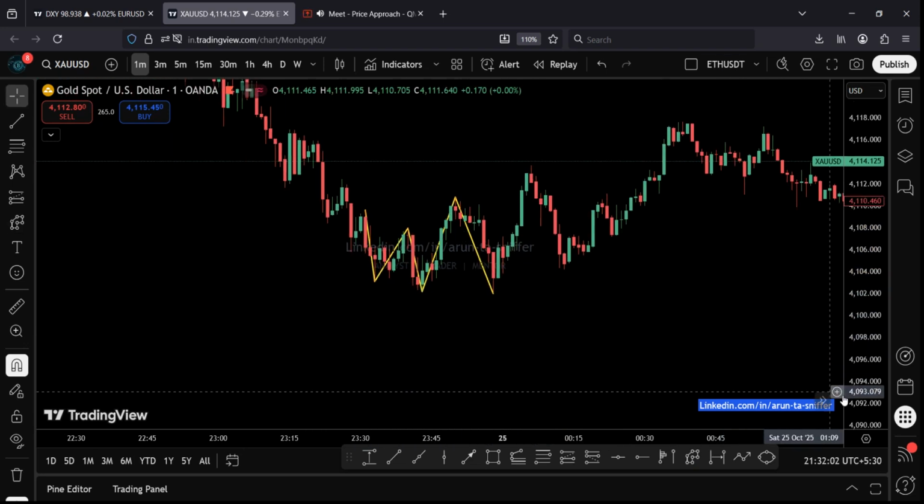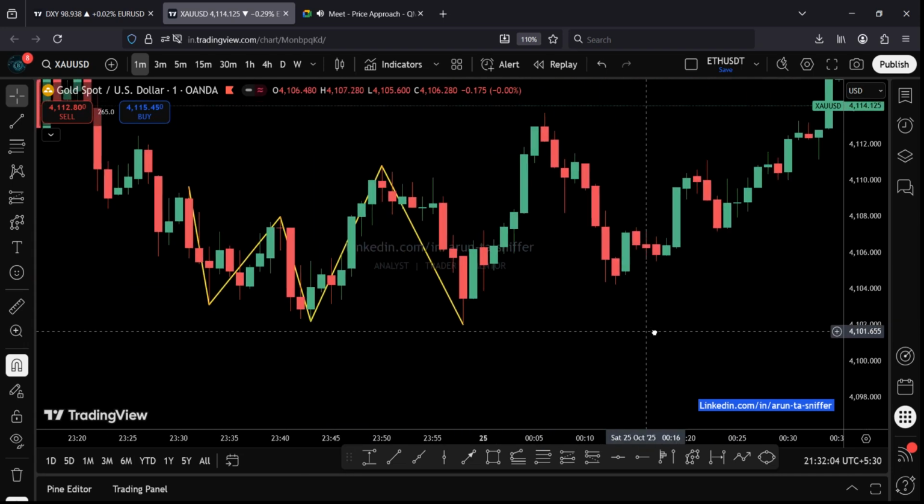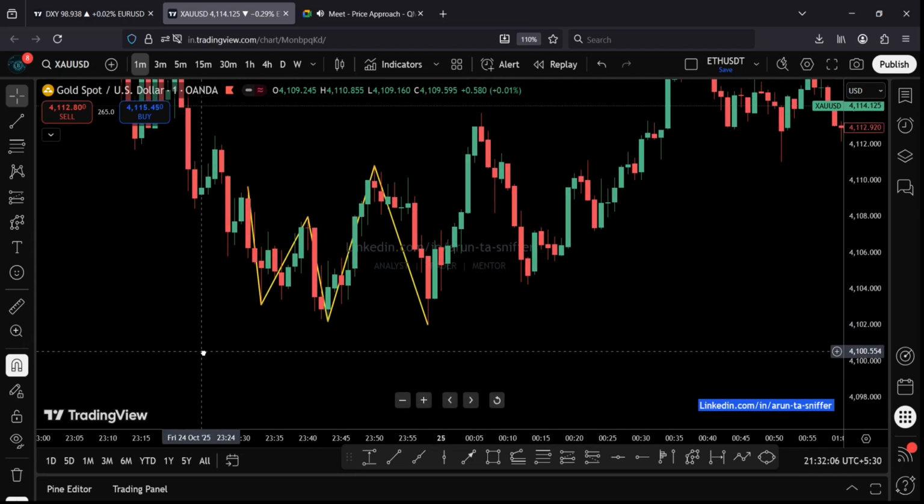This is lower low. We will see this. Let's zoom it.